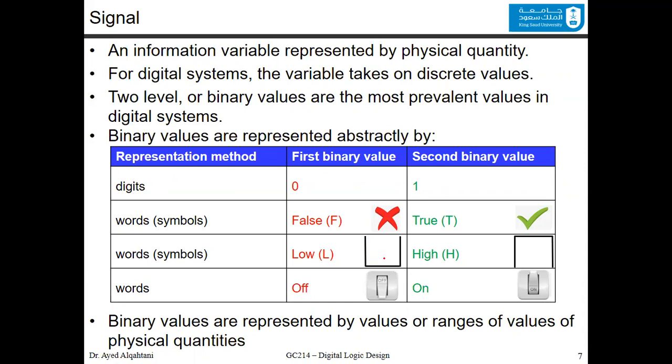Especially we'll have this in timing diagrams. Or words like, for example, off and on, like a switch. Binary values are represented by values or range of values of physical quantities. When we are specifying the binary system, we have only two values, the first binary value and the second binary value.